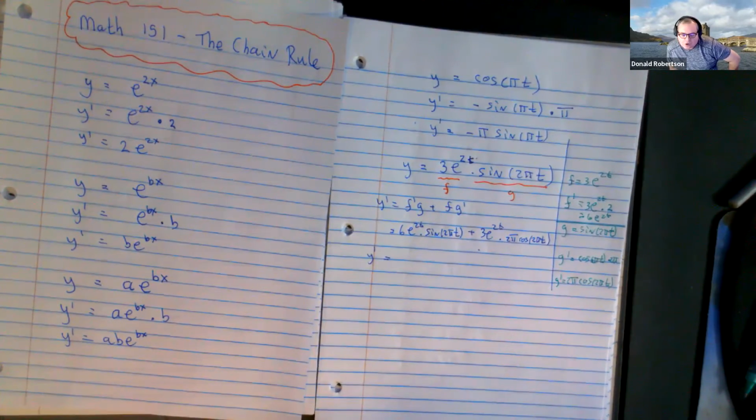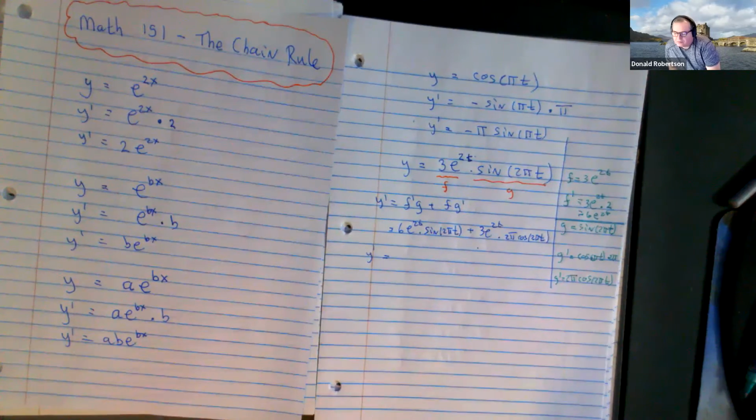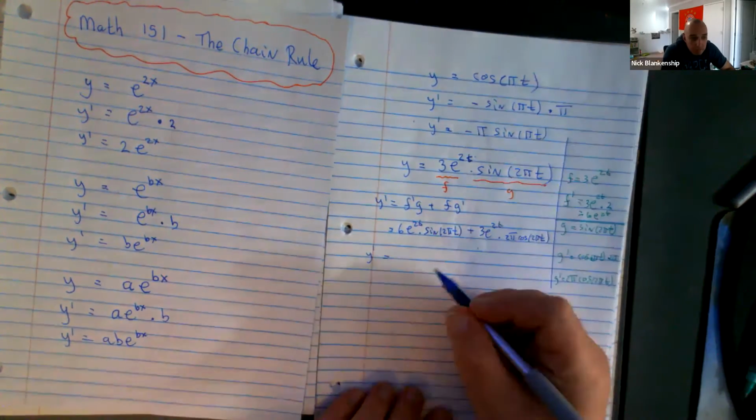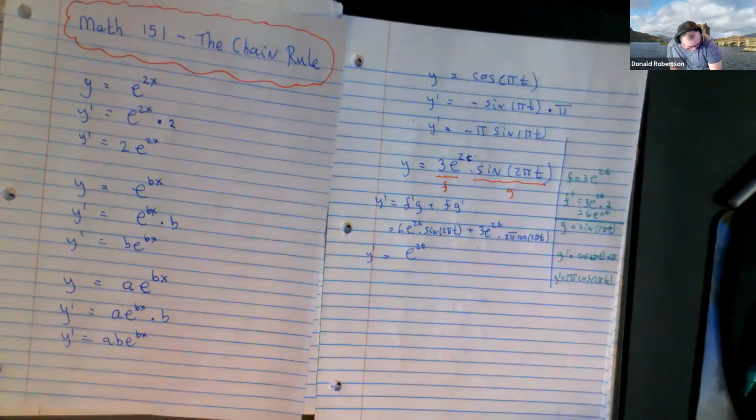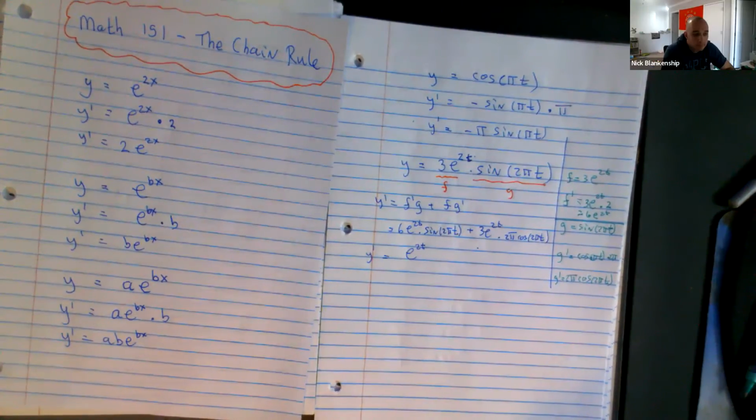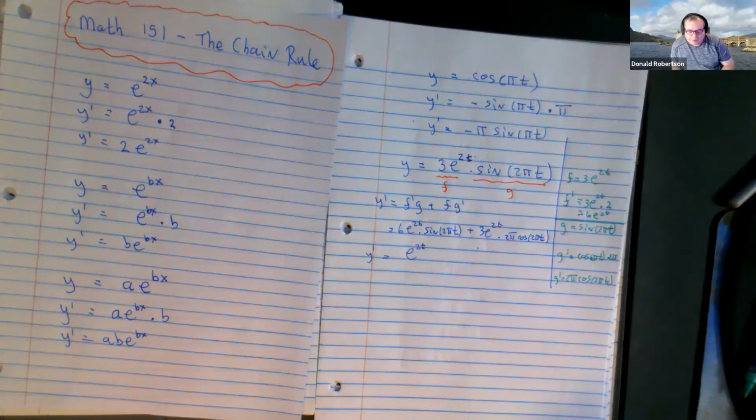Are there any common factors that belong to both these terms? Any common factors you can see? 3e to the 2t. Agreed. Is there any other, it's a number this time, is there any other common factor? I said 3e to the 2t. Oh, you said 3. Is there a bigger number than 3?